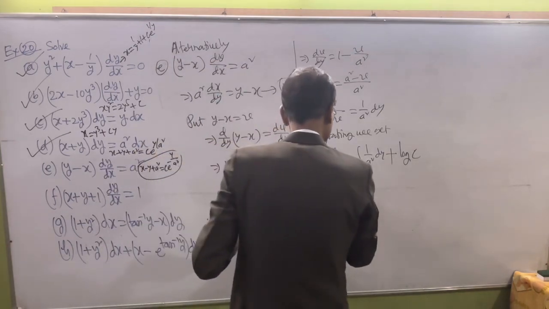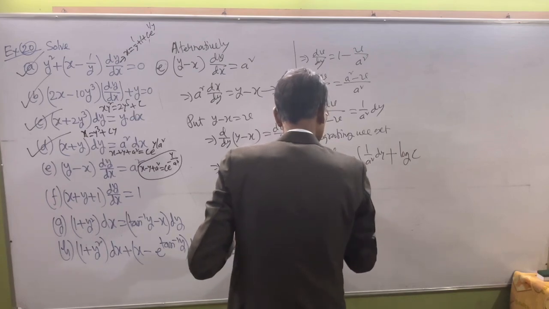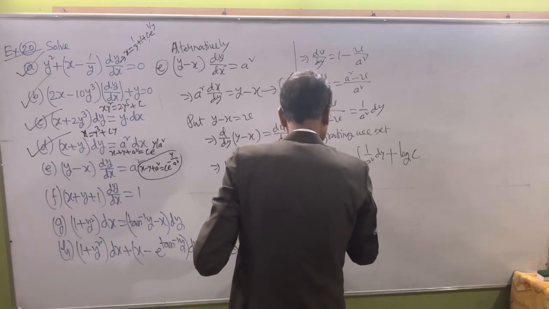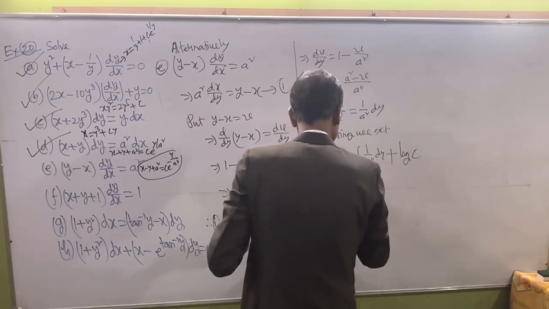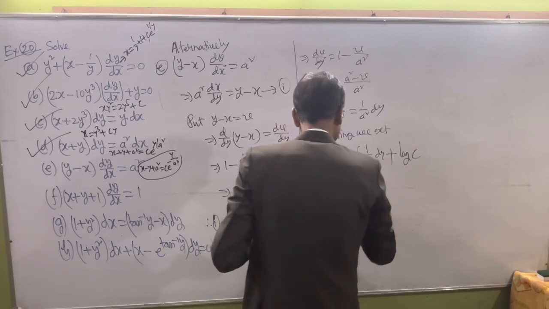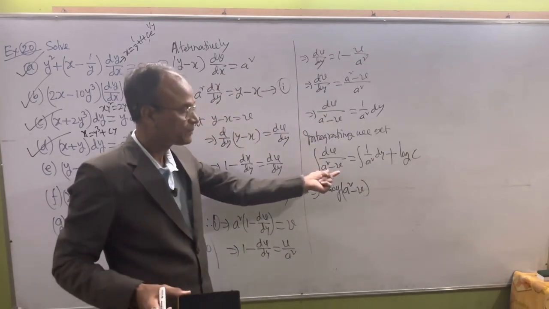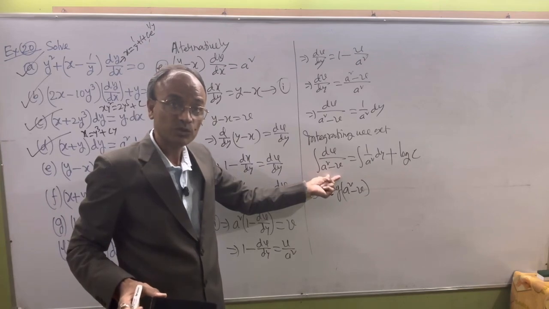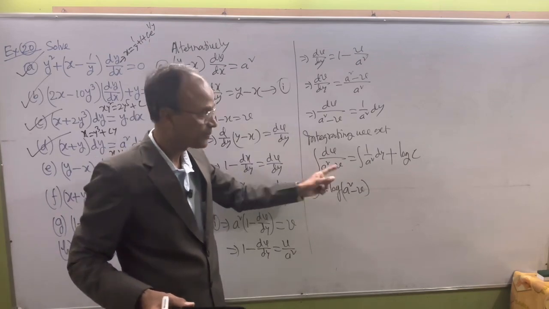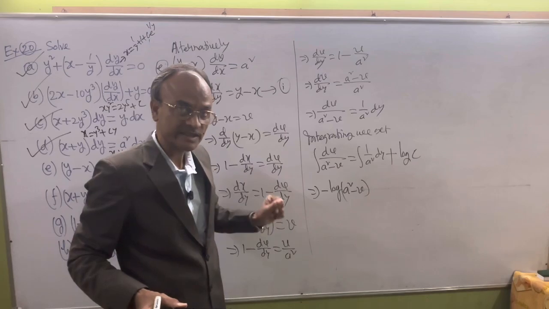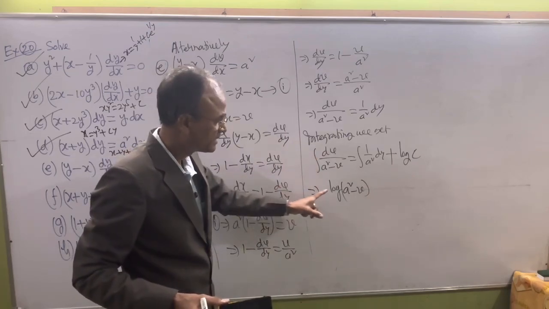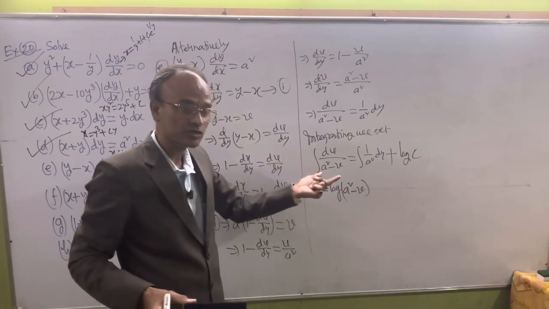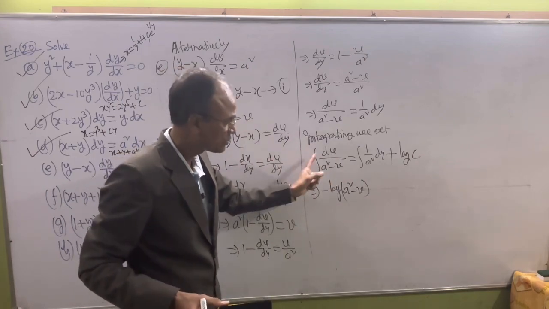This means minus log of a square minus v. Now see, if the numerator is equal to the differentiation of the denominator, differentiate the denominator, how much will you get? Minus 1. So write minus of minus here. Therefore the integration will be equal to log of the denominator, minus of log of this one.